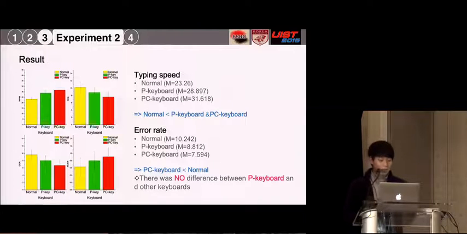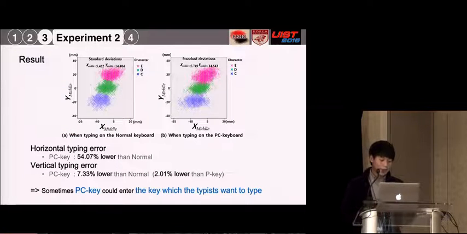We also compared the 3 keyboards with respect to vertical and horizontal typing errors. As a result, the horizontal typing error of the PC keyboard was about 54% less than the normal keyboard, but there was no difference between the P and PC keyboards. And in the case of vertical typing error, the normal and P keyboards were about 7.3% and 2% higher than the PC keyboard, respectively.